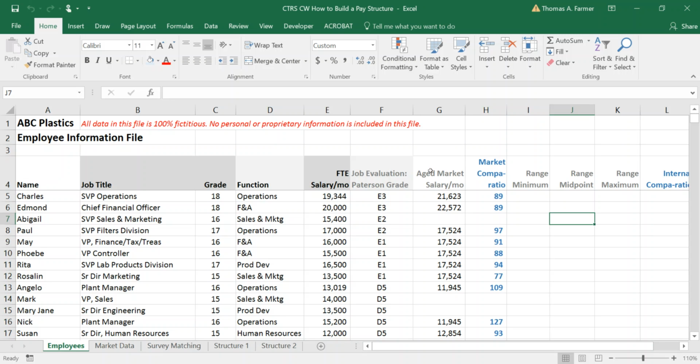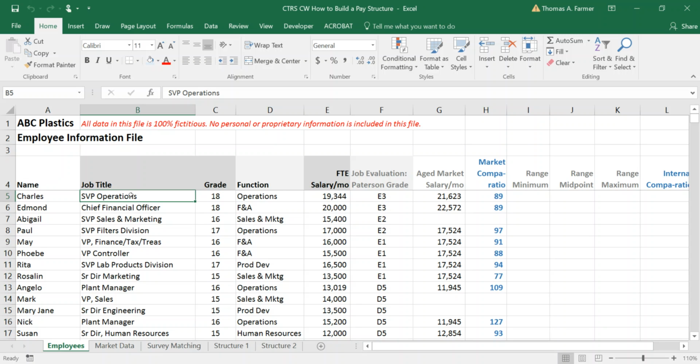Just a quick couple of comments. All this information is fake, it's fictitious, it's only for illustration purposes. So ignore the names. Another comment is remember that every person is assigned to a job. There could be multiple incumbents in a job. There could be 10 people sharing the same job title.